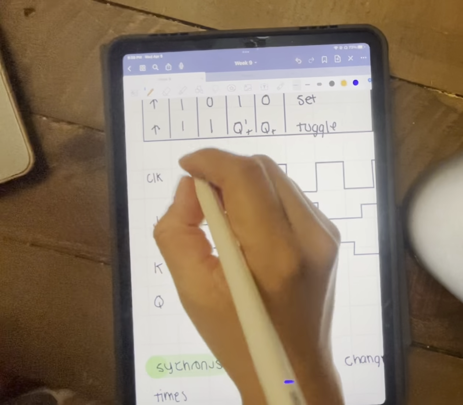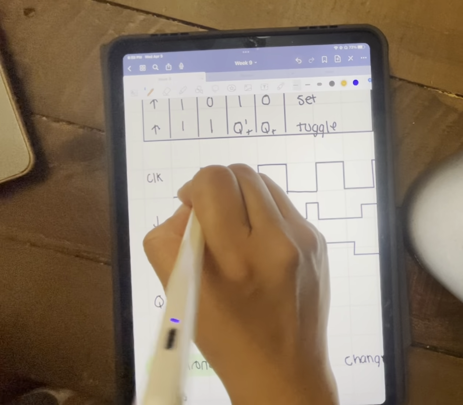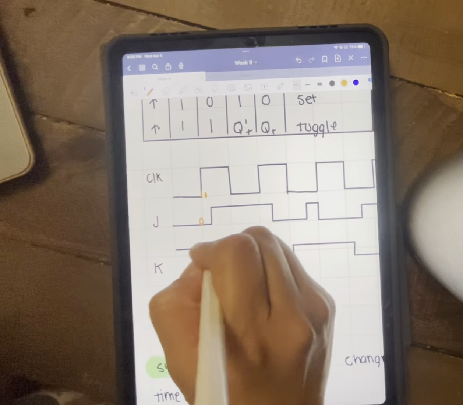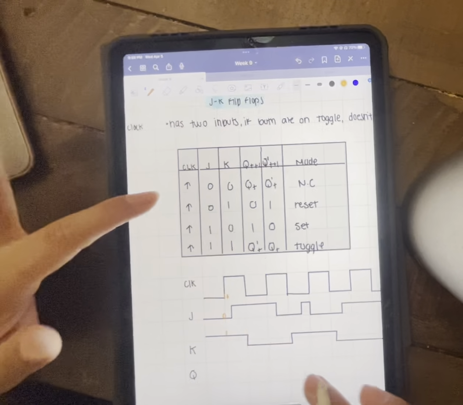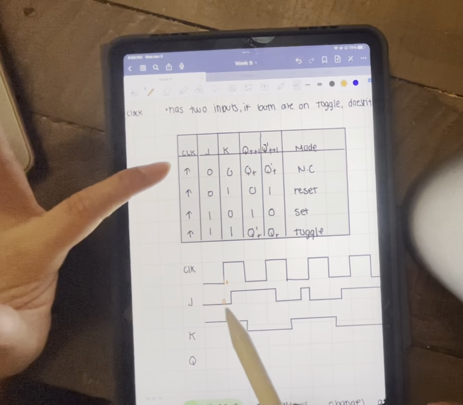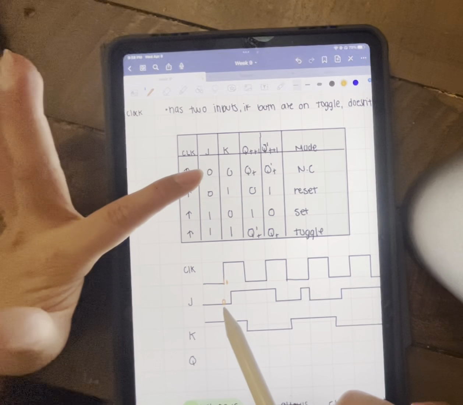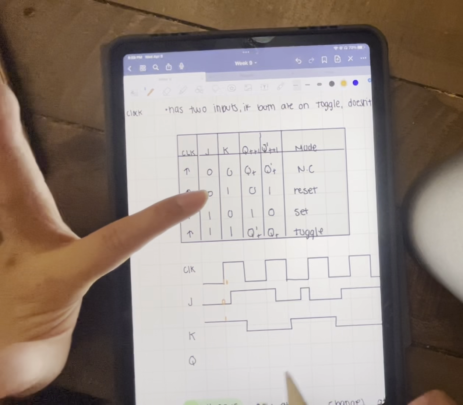Okay. So this is going up. This is at a 0. Looks like this is at a 1, and then we can look at this function table right here. When the clock is up and J is at 0 and K is at 1, we're going to reset.